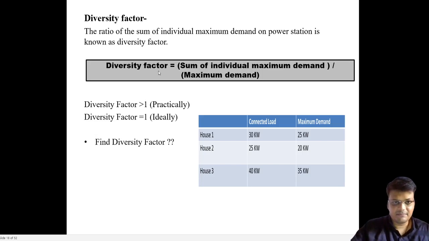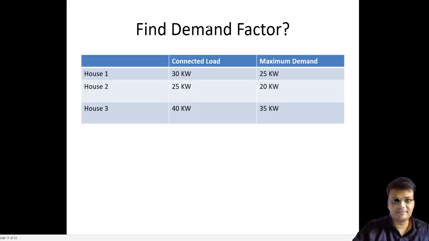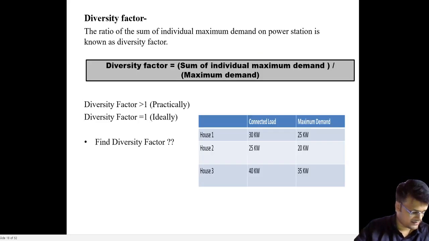Simply, the diversity factor is the sum of the maximum demands divided by the maximum demand. What is the demand factor? Here we take the maximum demand of 35 divided by the connected load. Here we do not sum all the maximum demands. You are getting confused between demand factor and diversity factor.